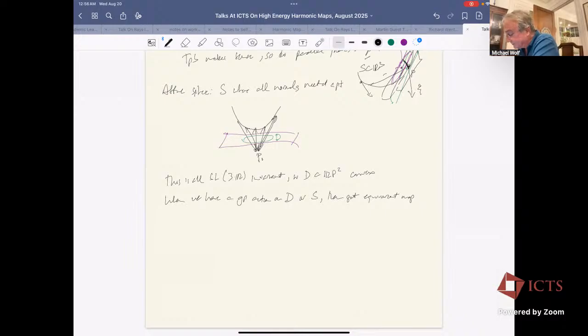So the surface S has a second fundamental form, maybe I'll call it H. I said it was convex, so that means the second fundamental form is definite, and so I can regard H as a metric. And when it's regarded as a metric, that induces a conformal structure.